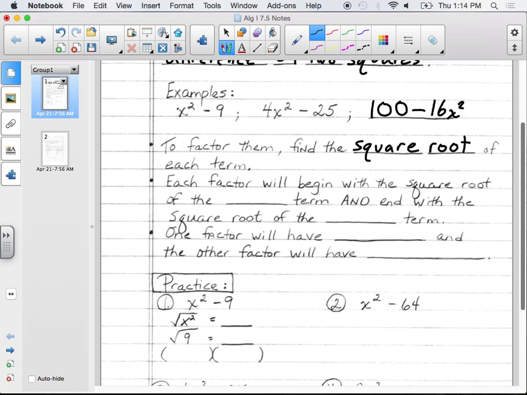Each of those factors is going to start with the square root of the first term. So whatever our first term is in our difference of 2 squares, our 2 binomial factors are going to start with the square root of that. And if they're going to start with the square root of the first term, what do you think it's going to end with? The second term. For last. The square root of the second term.